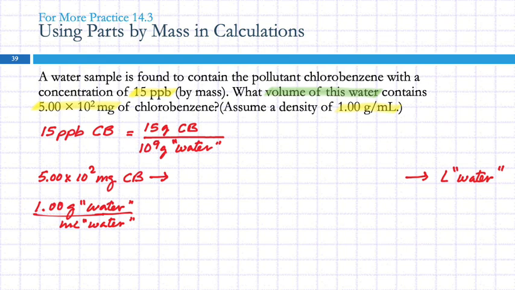Well, we're starting out with a mass of chlorobenzene. This has mass of chlorobenzene in it, but it's grams, not milligrams. So I could convert my milligrams to grams of chlorobenzene, and then I could use this concentration to convert to grams of water.